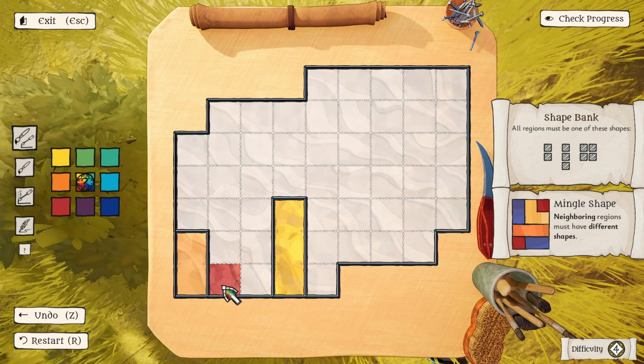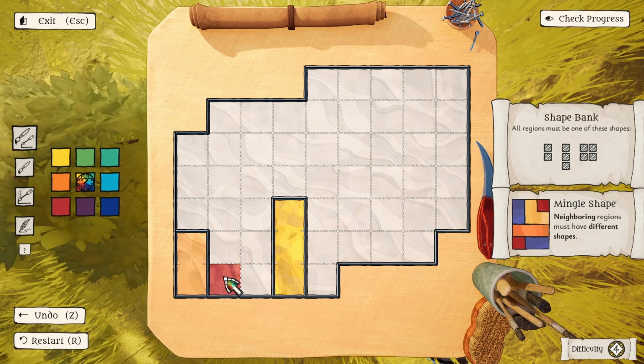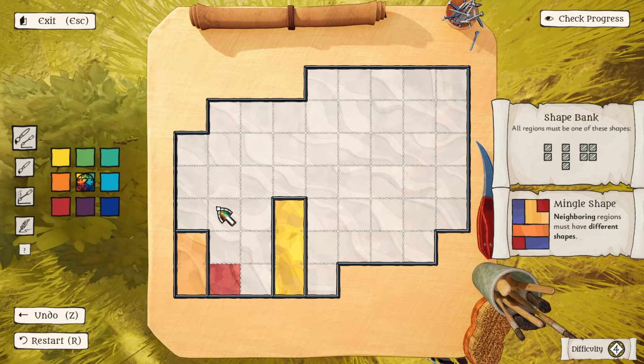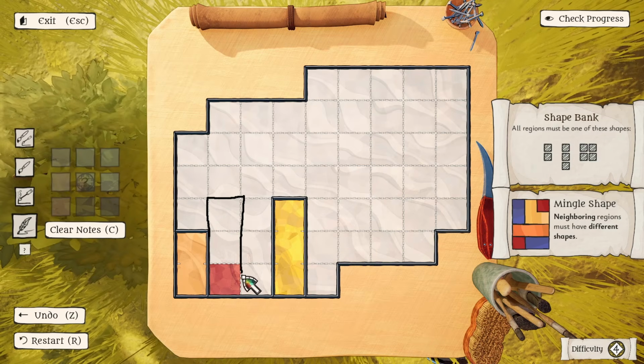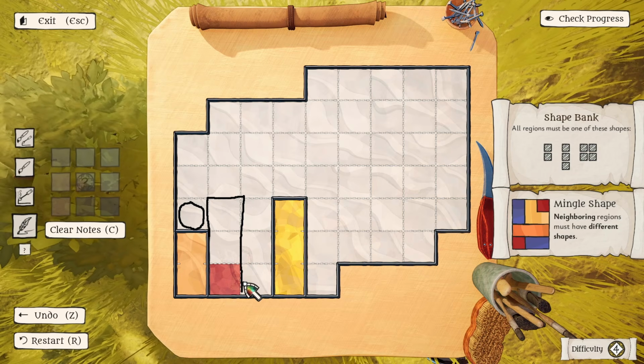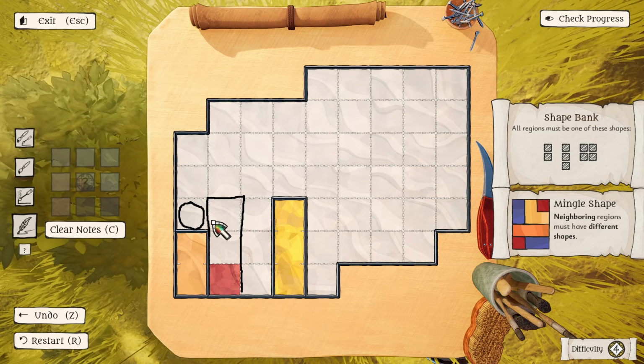This cannot be part of a 2, and it could be part of a 3 if it went up to here, except that would leave this space having to be a square off the board.